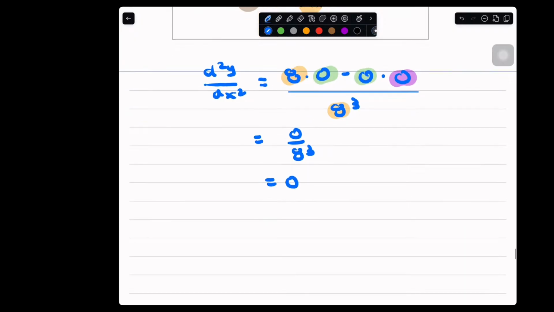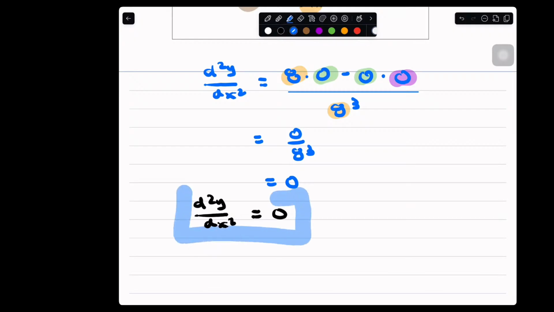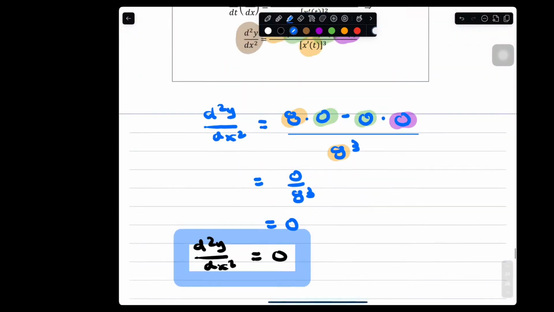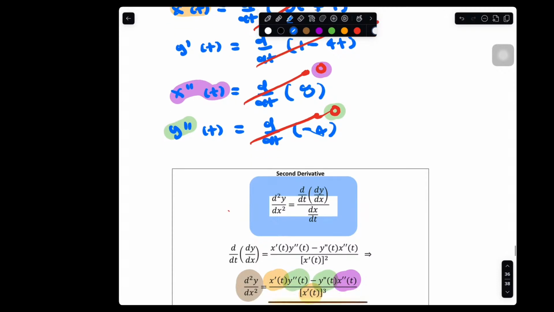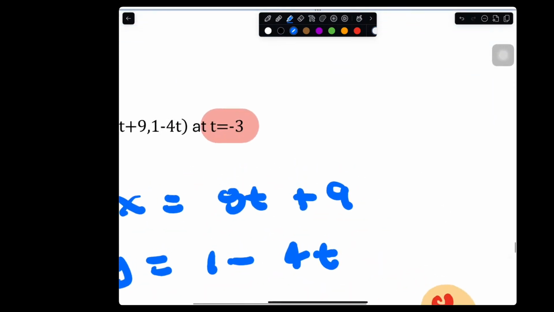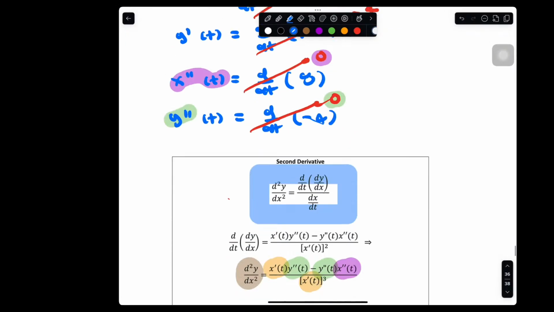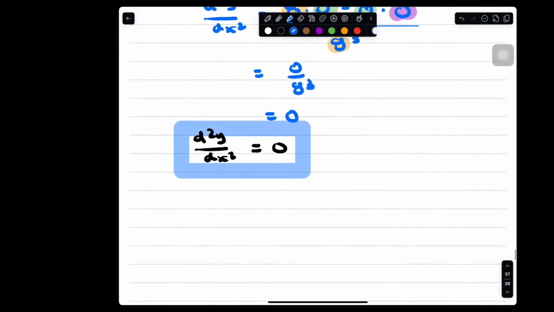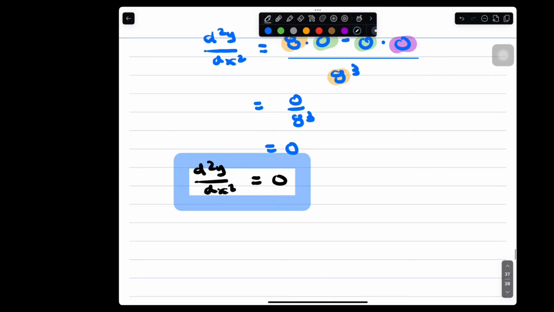So d squared y dx squared equals 0. I guess the second derivative is 0. And we don't have to even put a t value because that's really equal to 0 for all t. There's no t variable here. So this is good for all t.